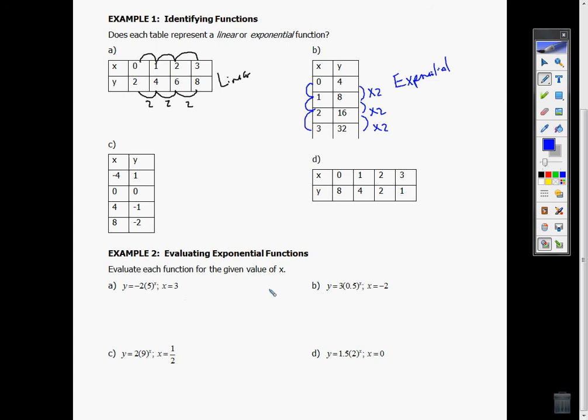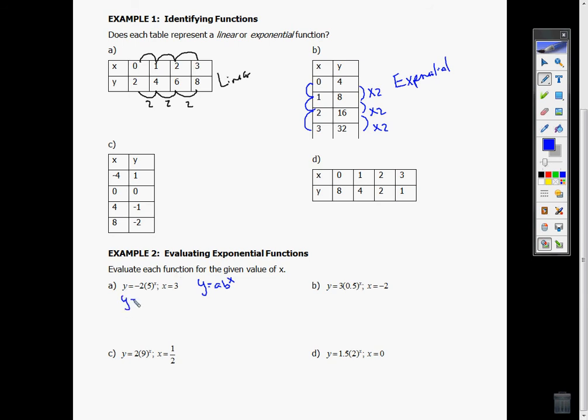Example 2 is we're basically taking an exponential function, right? Exponential functions are written in the form y equals ab raised to the x. So that's what we have here, y equals negative 2 times 5 raised to the x. And what we're going to do is just substitute in and say x equals 3. Easy enough. We've had tons of opportunities to substitute x values into an equation. All right, so let's go.